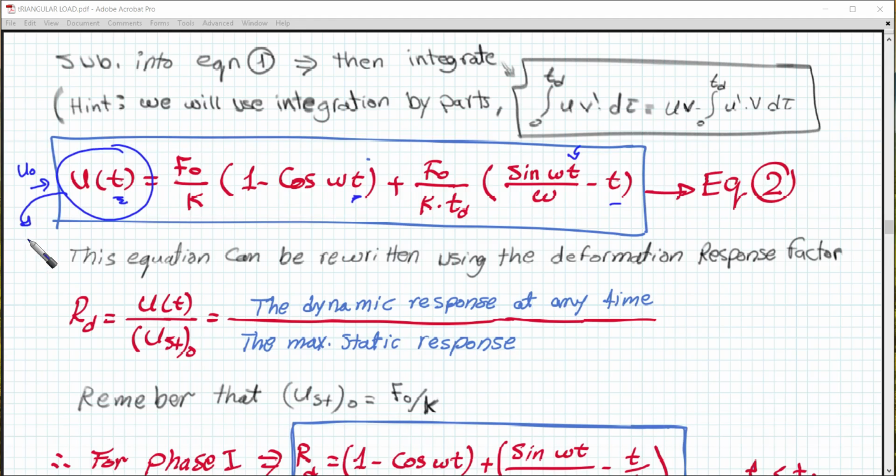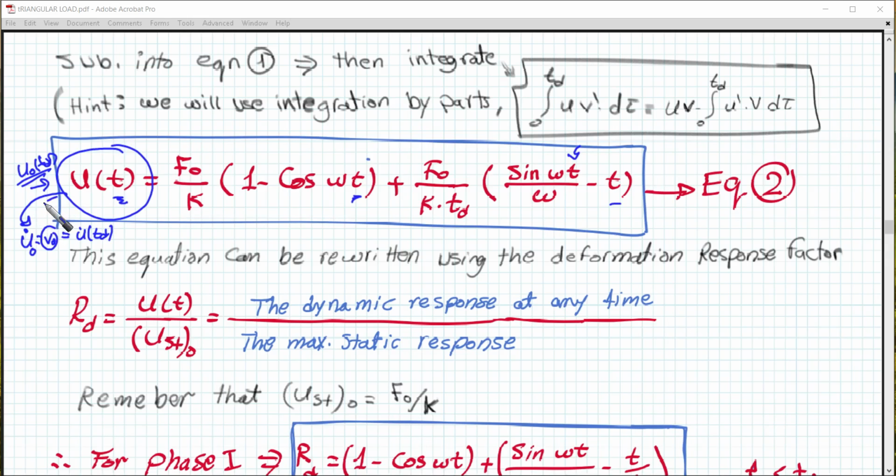Then we're going to derive it, the first derivative, in order to get u dot, which is going to be v node, which is u dot of TD, and this is going to be u node of TD.